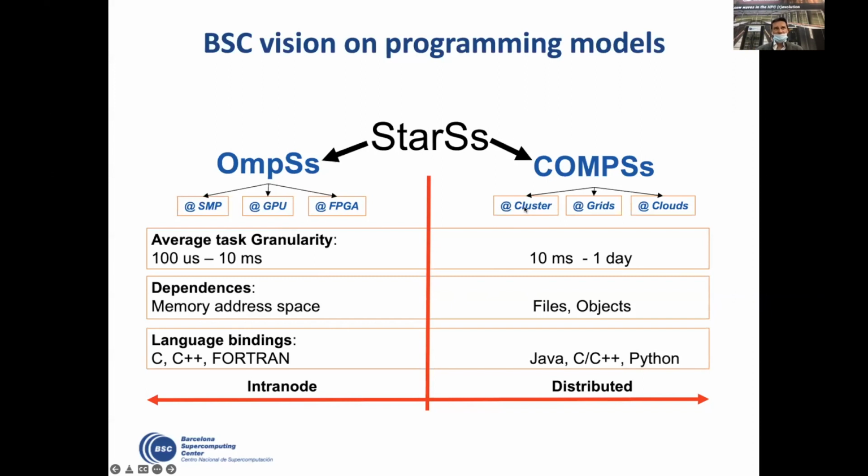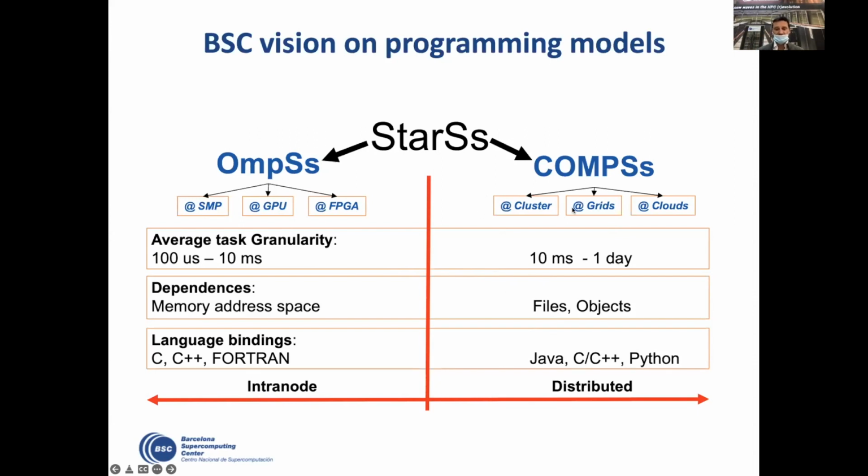For us, a cluster, even MareNostrum, is a distributed platform, because we treat the nodes of the supercomputer as independent nodes, or nodes of a grid, of a cloud, of a container cluster, etc. The dependencies between tasks in COMPSs are files or objects, and we deal with Java and above all now Python applications. So with COMPSs, we stay on the distributed side of the programming model.